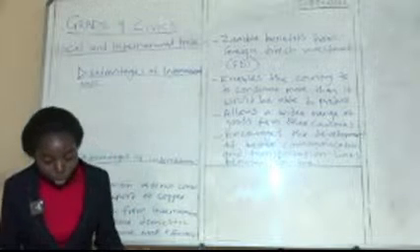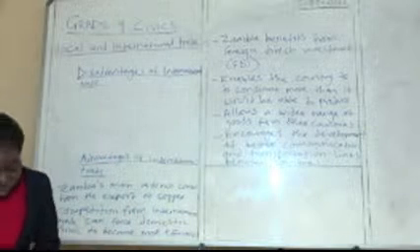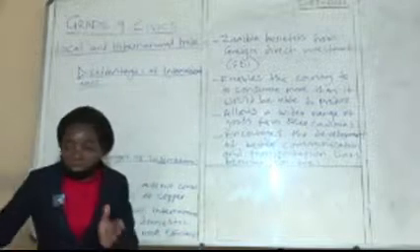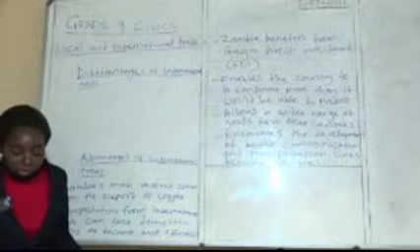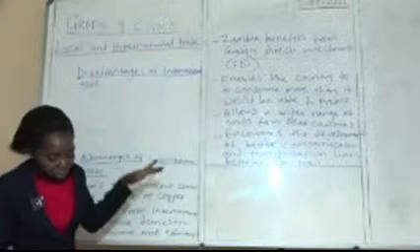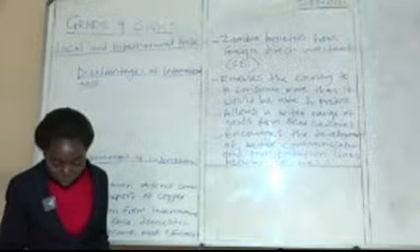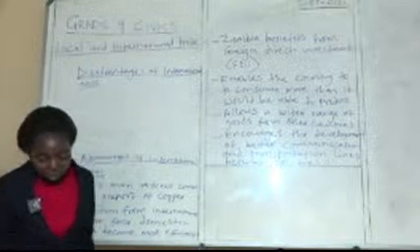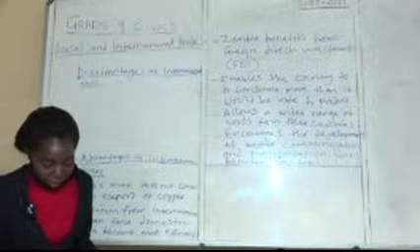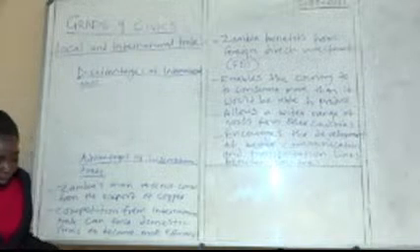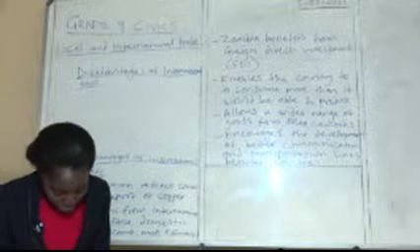We can talk of Nigerian films that we watch in Zambia. Instead of watching the films that are produced in Zambia, we go for Nigerian films, and this has affected the local film industry in Zambia. So this is a disadvantage to the country.